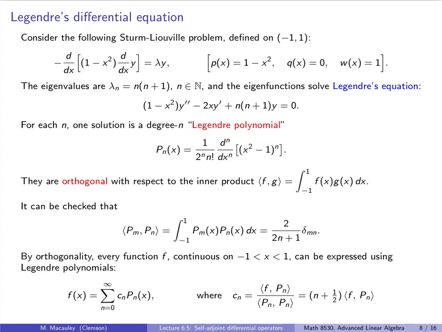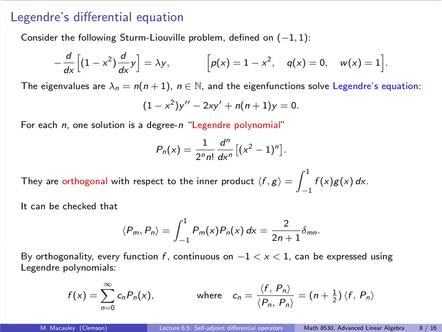By orthogonality, every function f that is continuous on this open interval, and we can also do piecewise if we want, can be expressed uniquely using Legendre polynomials. That is, f of x is the infinite sum of cn pn of x, where cn is just the projection of f onto the nth Legendre polynomial.